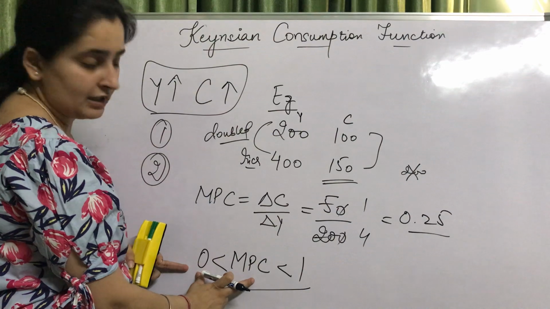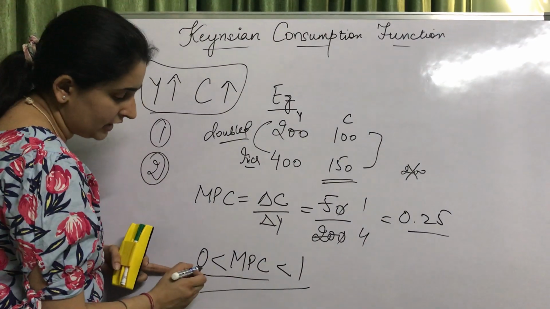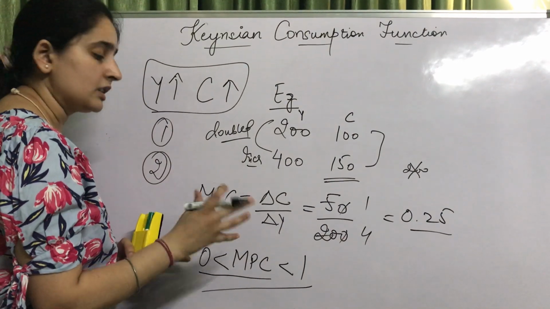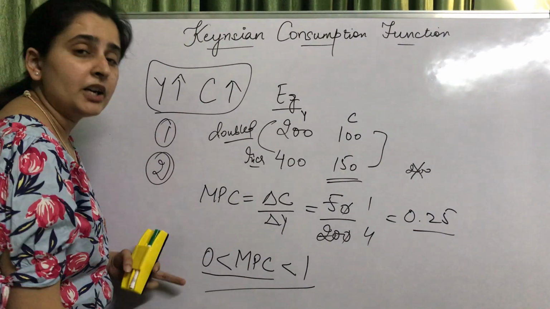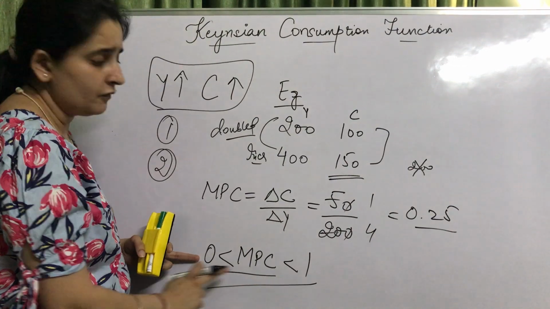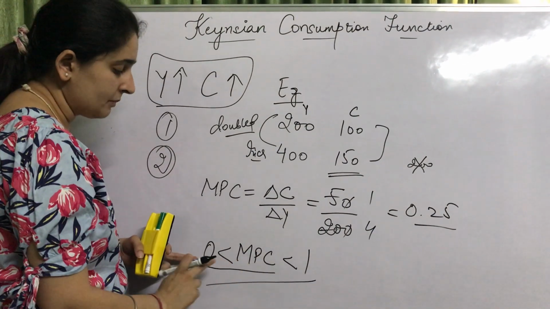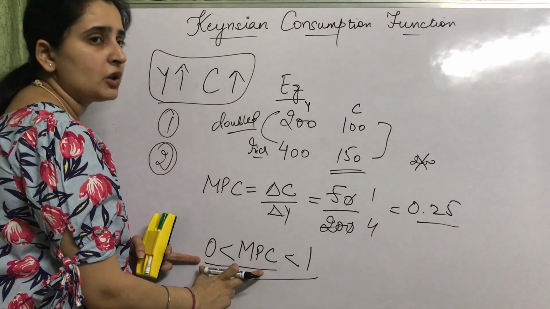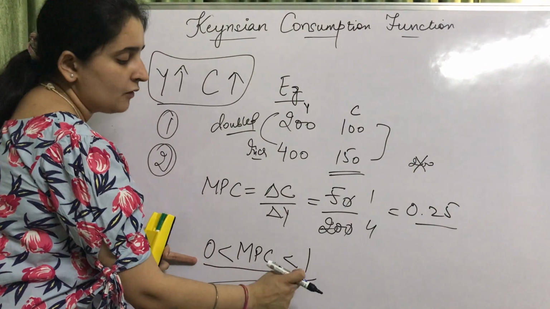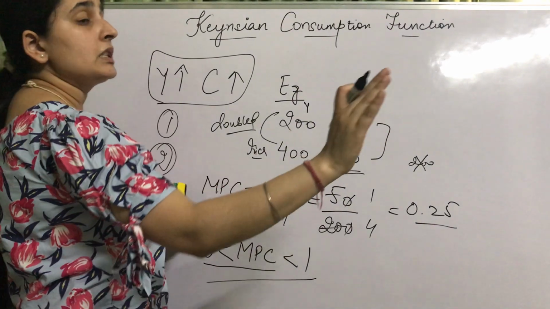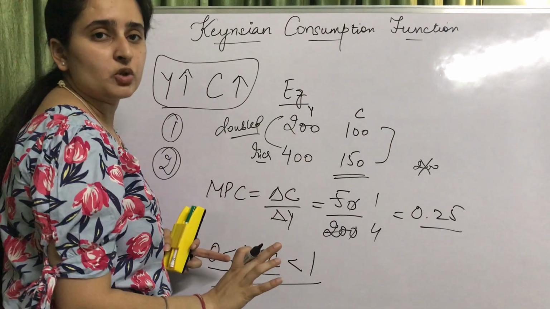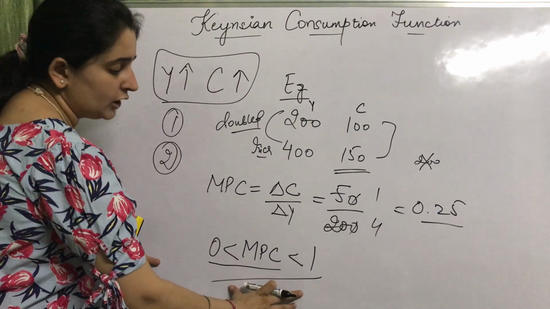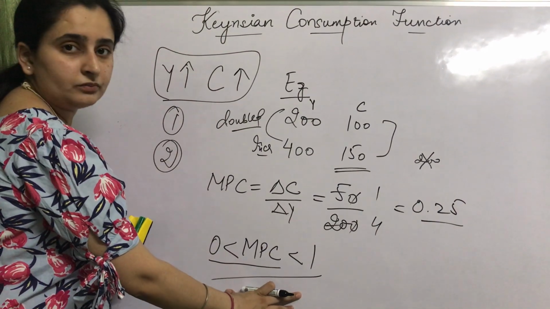This point depicts that when there is an increase in income or decrease in income, there will be a definite change. 0 means no change, right? 1 means complete change. So that will not happen. He says that there will be an increase, but not a proportionate increase. 1 means that my entire income I am just changing into consumption. Okay, but this will not happen. So this is the second point that he gave. The value will be between this.